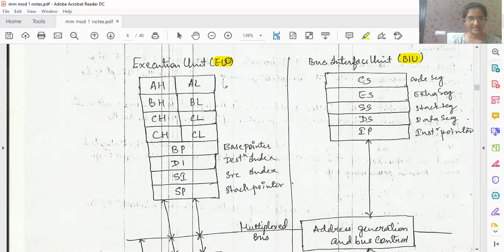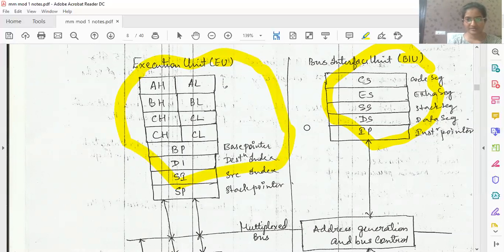Whereas your EU, that is the execution unit, is busy executing the instructions fetched by your bus interface unit. Clear? So this is one part of the processor, and this is another part of the processor.